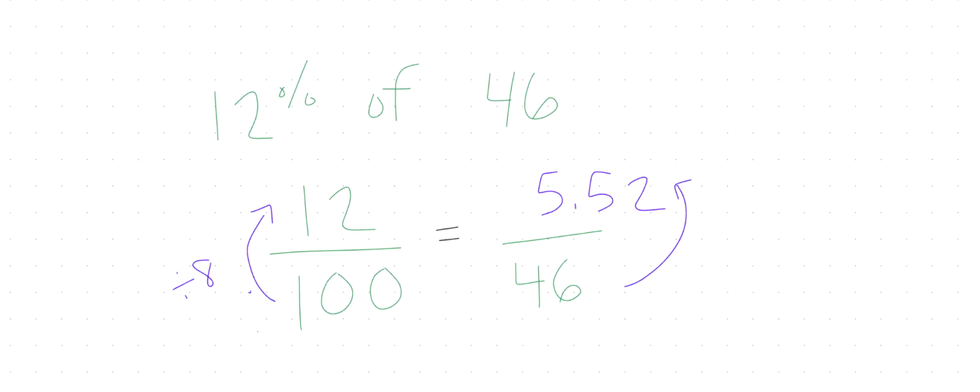So then 46 divided by 5.52 is also divided by 8 and a third. So it's proportional. It's a ratio. They have a consistent relationship.